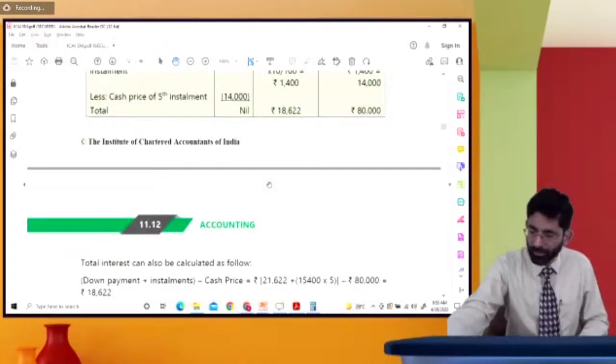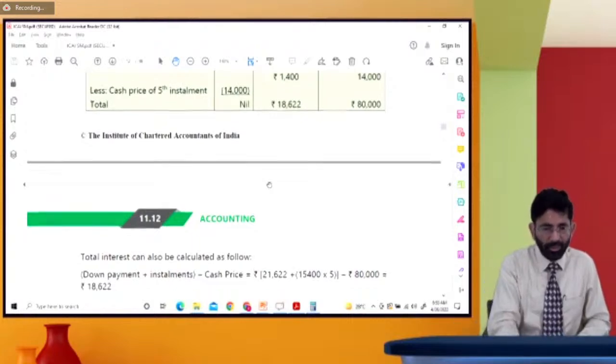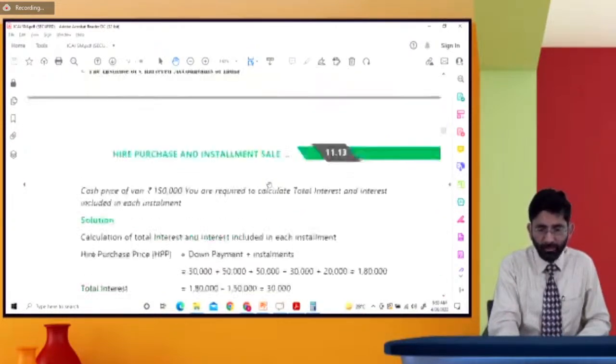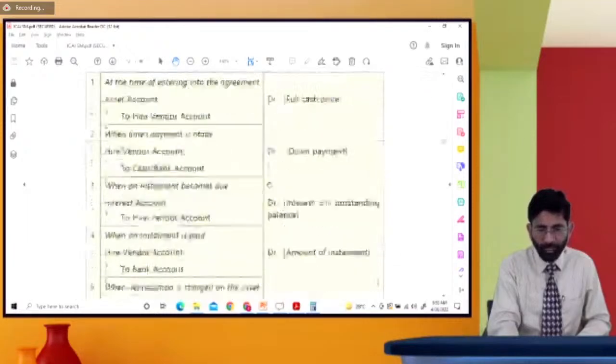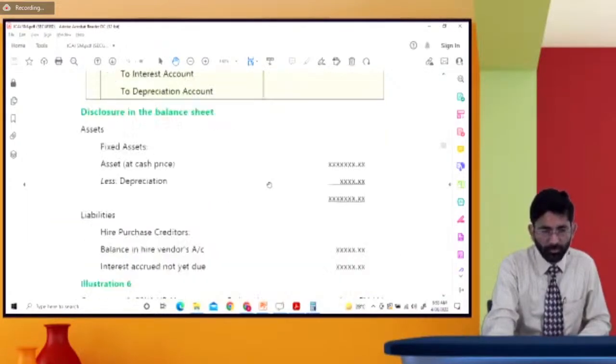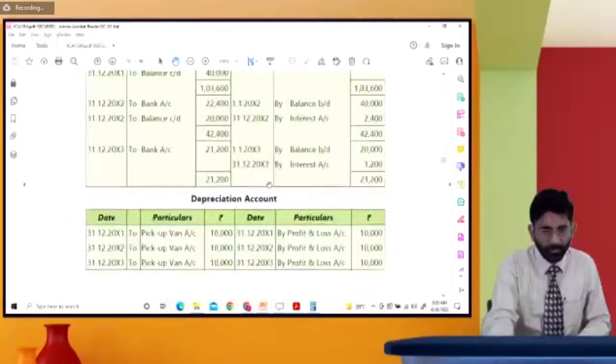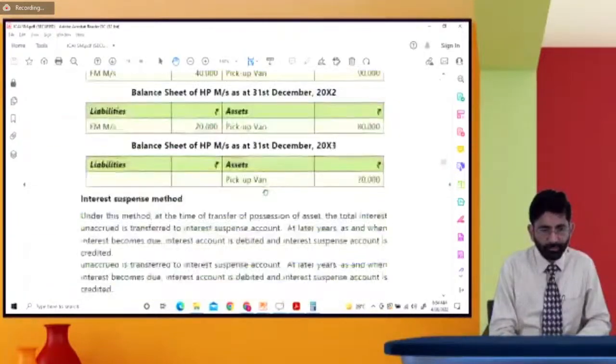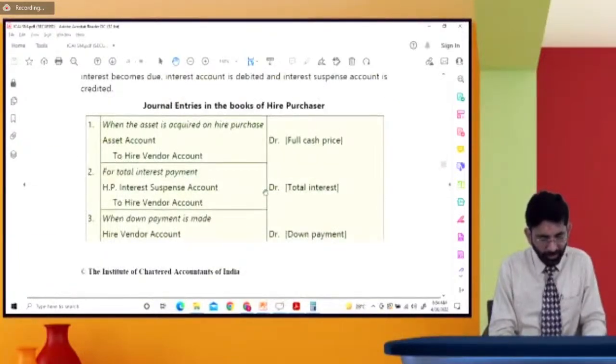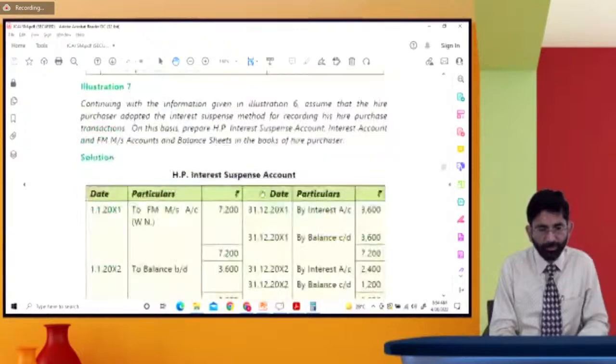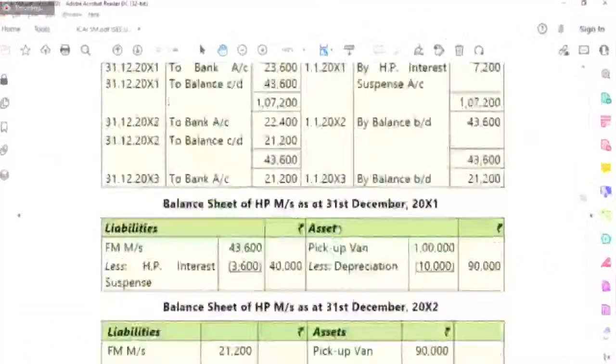Illustration number 9. Have you done illustration number 9, beta? Just see illustration number 9. Have you done it, or are you interested in letting me do it for you?